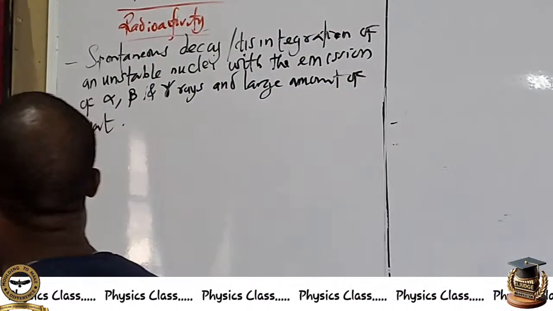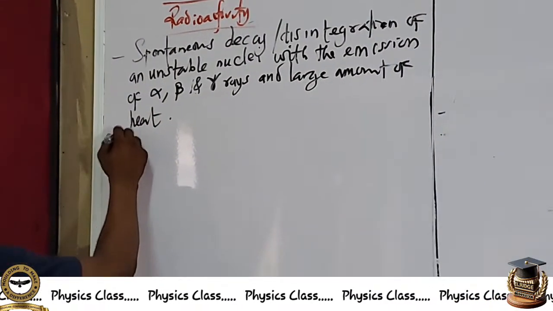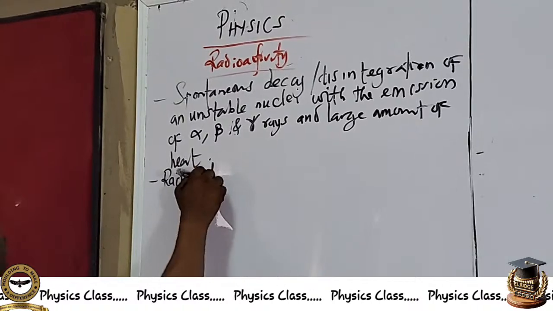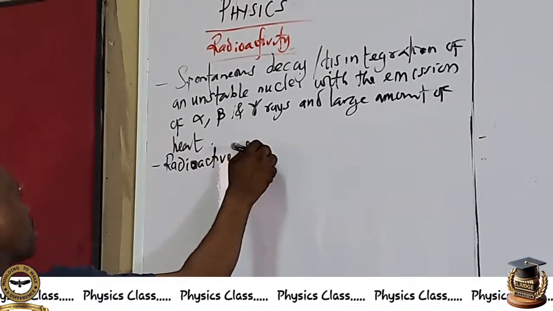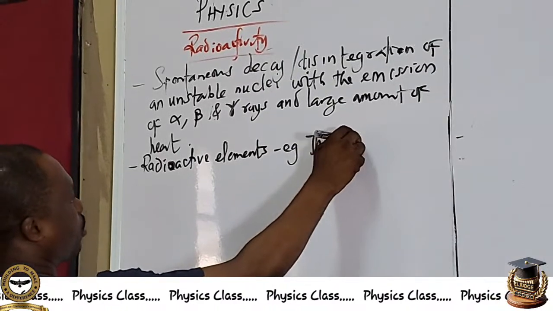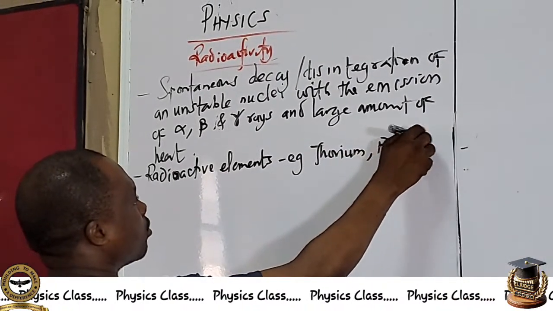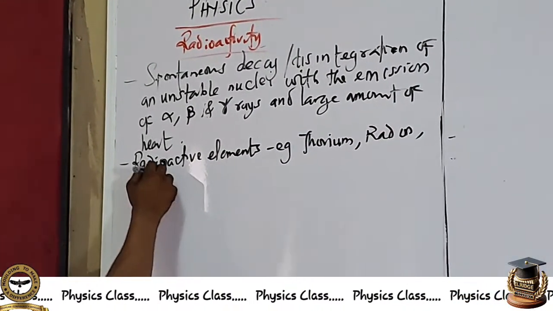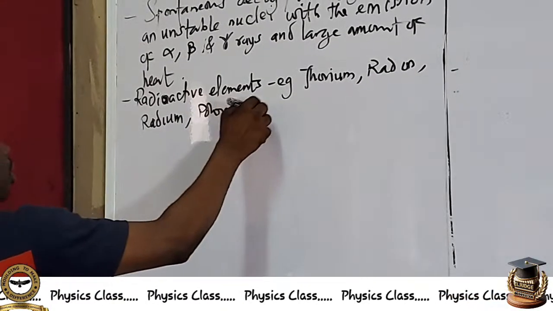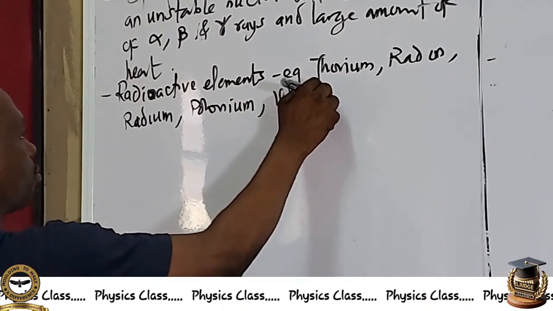Examples of radioactive elements are thorium, radon, radium, polonium, uranium.